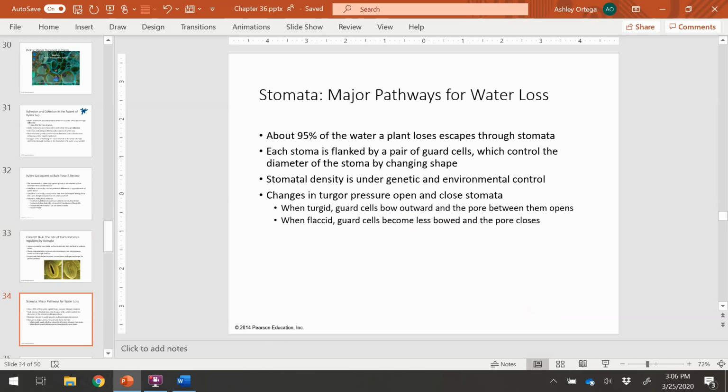When the guard cells are turgid or full, they're going to bow outward, and the pore between them will open. Whereas when the pore is closed, that's because they are flaccid or less stuffed with water, and so that's going to allow them to be thin and allow them to close.